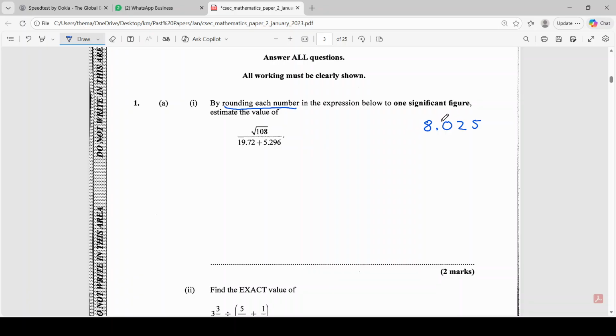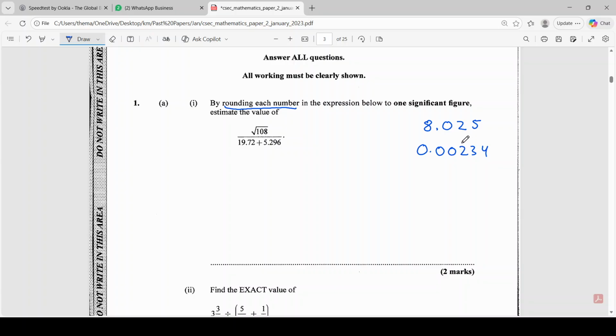Right, so that is a little bit of difference between significant figures and decimal places. Decimal places is checked after the decimal point. Significant figures is checked from the first non-zero number. When I say non-zero number, if I have a number looking like this, our first decimal place is going to be this 0 here, because it's the first place after the decimal point. Second decimal place will be the second 0.